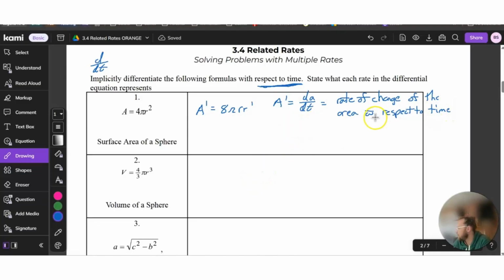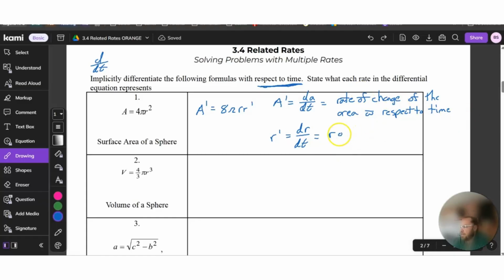So if that's what A prime is, what do you think R prime, or dr dt, is going to be? Probably the rate of change of the radius with respect to time. W with a line on top just means with.